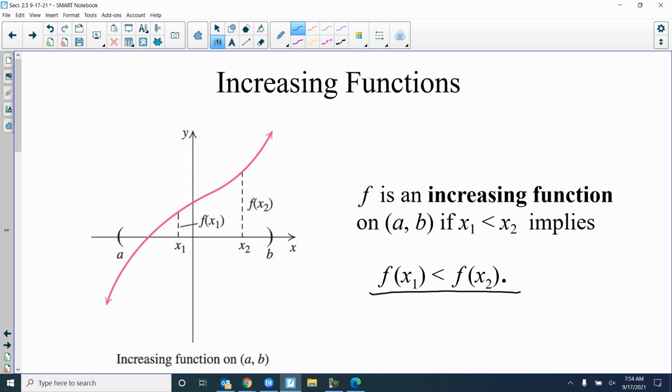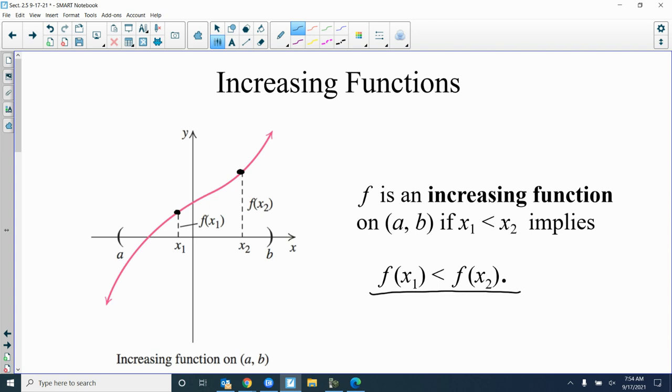So if x1 is smaller than x2, when you evaluate the function, the y value has to be smaller. That's how it's going to increase. And it's going to increase over an interval where any 2 points you pick at random, as long as x1 is less than x2, then the y values are less than. So that should go up there in that little spot at the top.